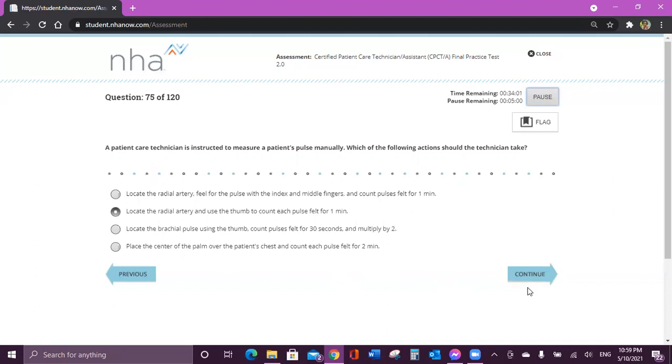A patient care technician is instructed to measure a patient's pulse manually. Which of the following should the technician take?